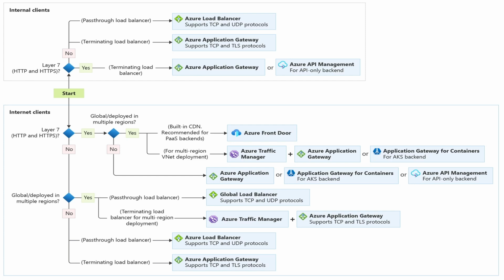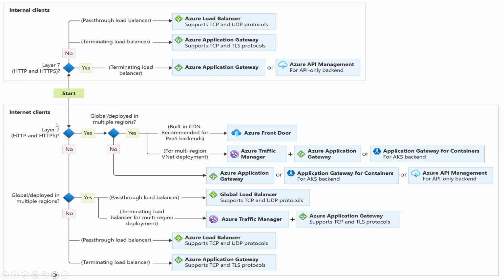Once it inspects the traffic, it creates a new connection to the backend so that our backend remains secure and private. Again, if you are handling TCP or UDP traffic, then you can go for Azure Load Balancer.